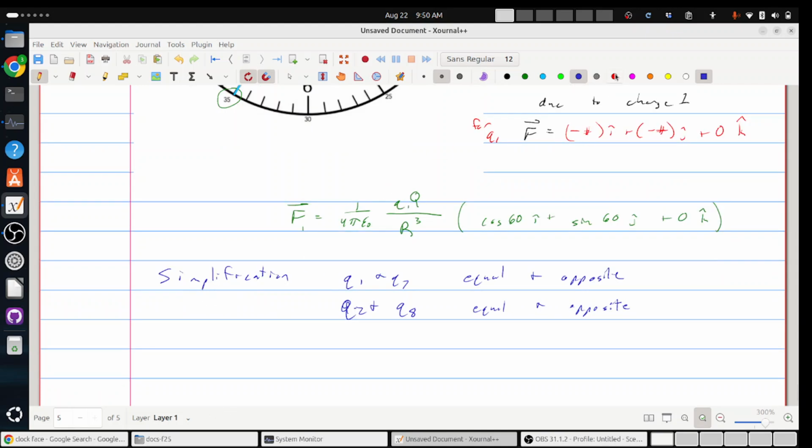And this is true because all Q's were equal in our problem, and all of my separation distances are equal in this problem.